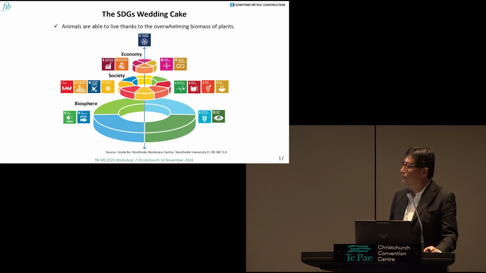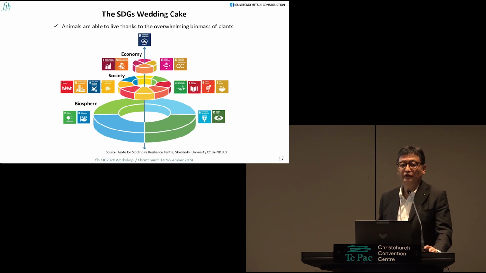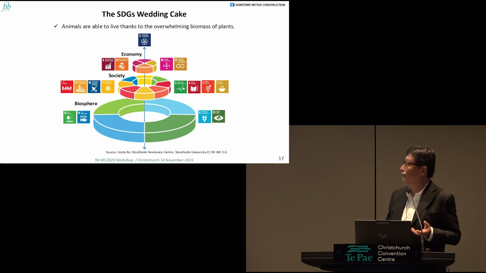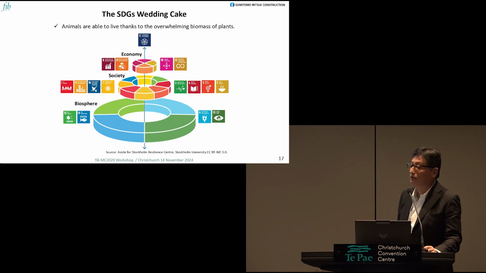And this is proposed by Stockholm University. They call it the SDGs wedding cake. Our society and our economy are built on a very big environmental basement.